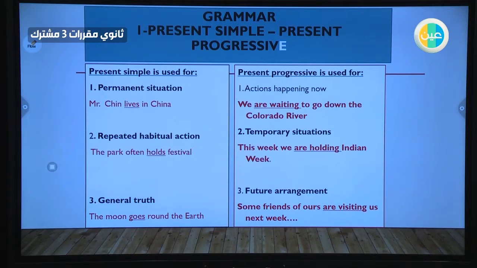Repeated habitual actions, something routine, daily routine, like when I say the park often holds festivals. Or general truth, when I talk about a fact, like when I say the moon goes round the earth.